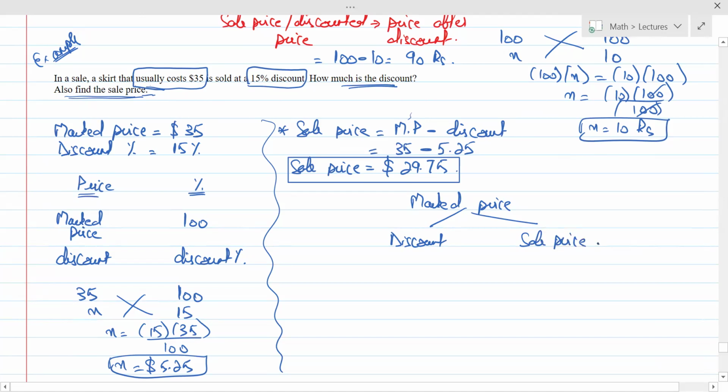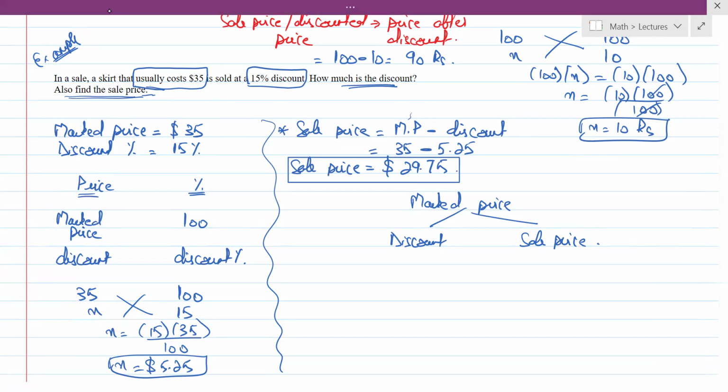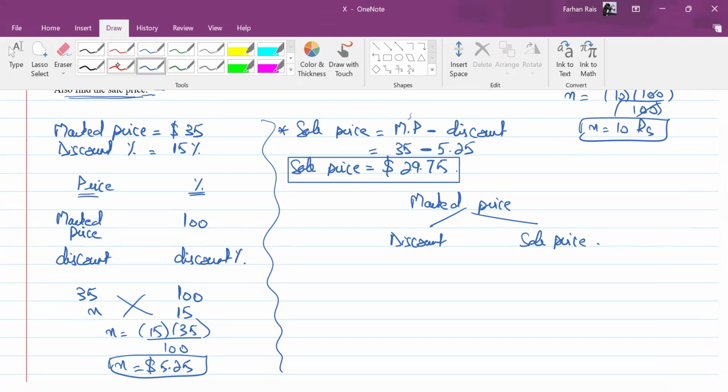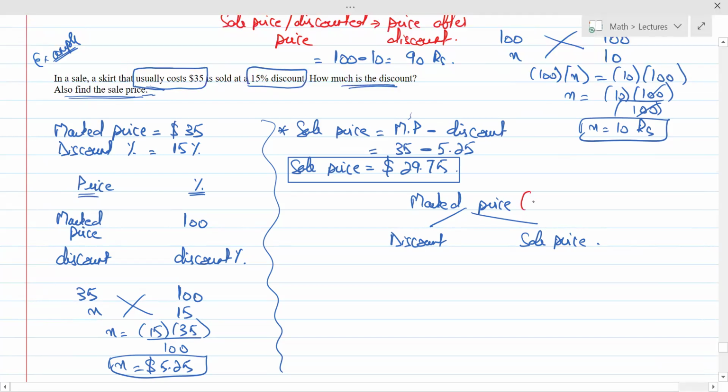Now we know that the mark price is basically representing the 100%. Discount percentage in this case is 15%. So that means this 100% has two different divisions. Discount being the 15% and the remainder is 100 minus 15, which is the 85%. So that means sale price represents the 85% of the mark price.